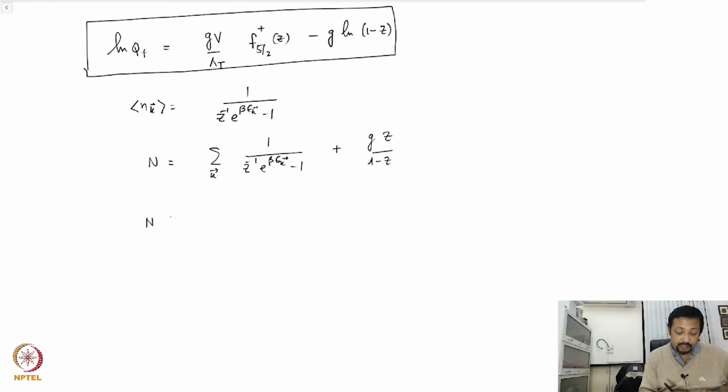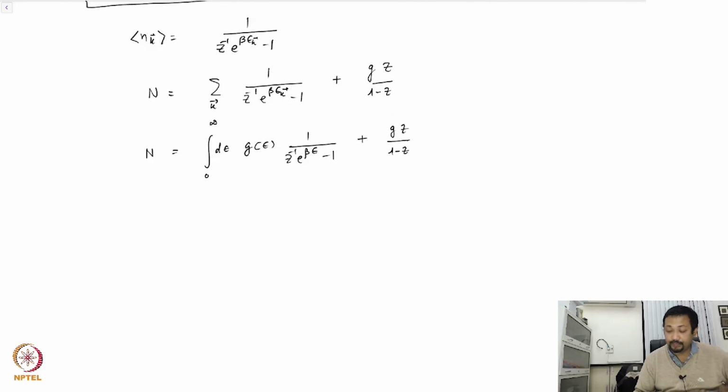This means that if I go to the continuum limit, I have integral 0 to infinity d epsilon g epsilon, so one has to first write down the measure, 1 over z inverse e to the power beta epsilon minus 1, plus g z over 1 minus z.